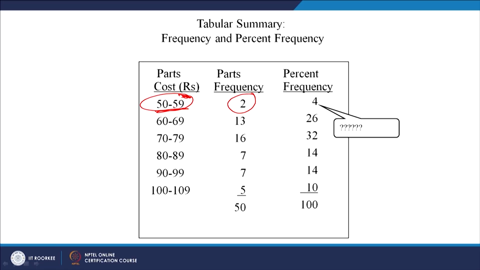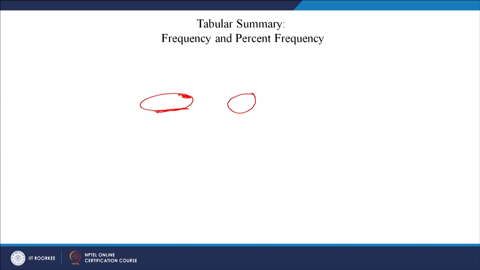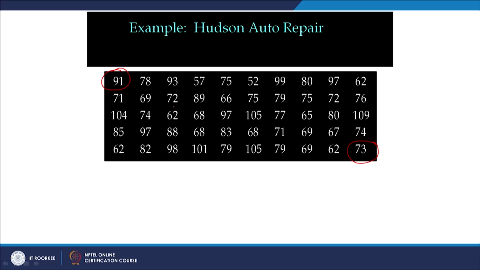Let us check whether there were 2 or not, 50 and 59, right. So, this is the one, and 50 and 59, yes, this was the second one. So, frequency between 50 and 59 is 2.